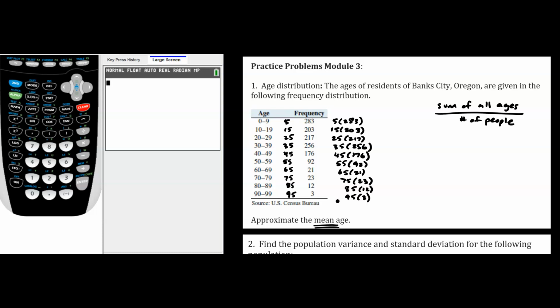So let's punch this into the calculator, and we're going to try to get the sum of all of these. That's going to be the approximate sum of all of the ages for all of the people that we have in here.